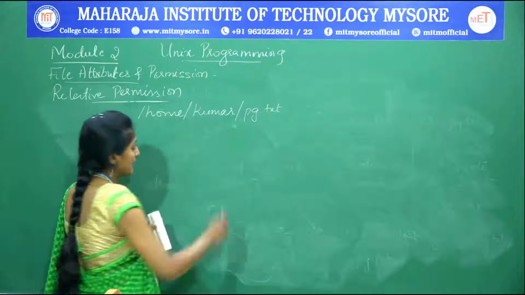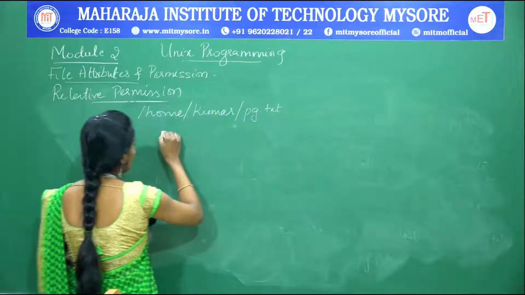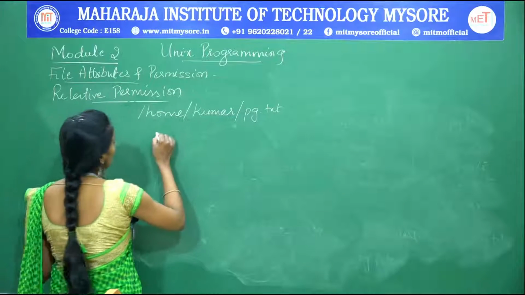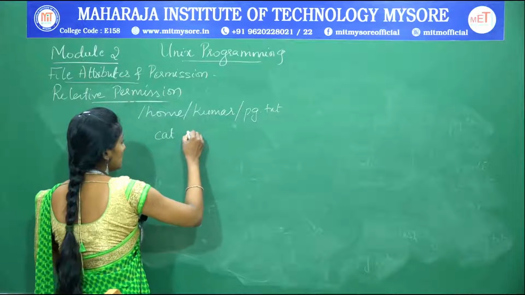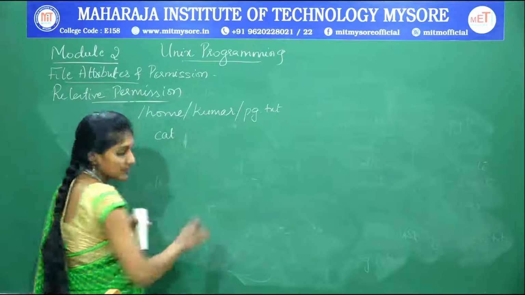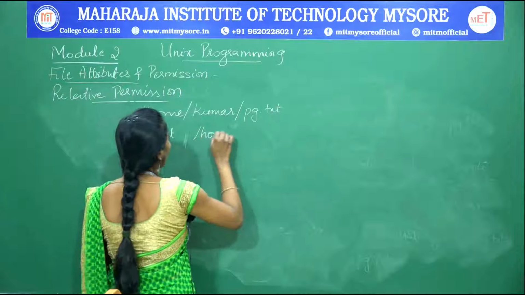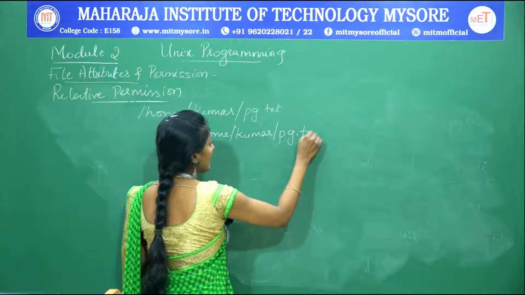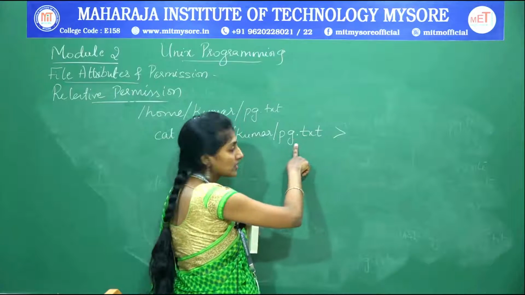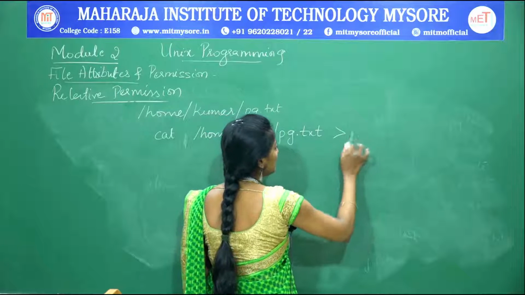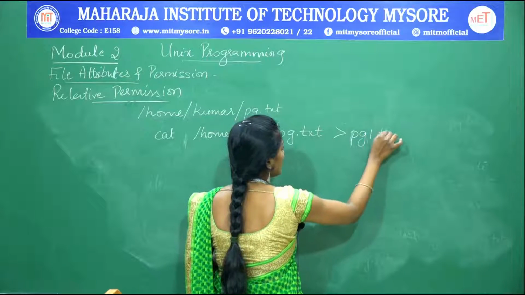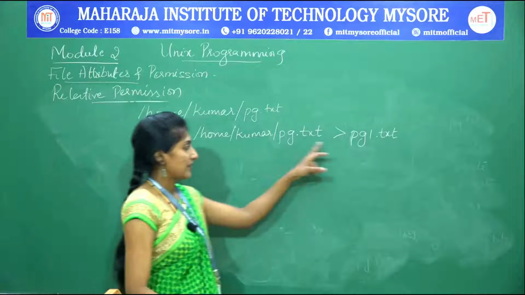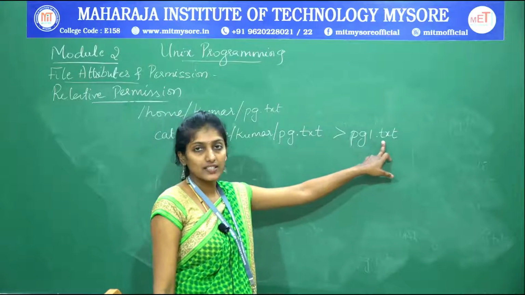If I want to copy this file, or redirect the content of this file to another file, I am going to use the cat command to redirect the content of home/kumar/pg.txt to pg1.txt. So now the content of the pg.txt file has been redirected to the pg1.txt file.